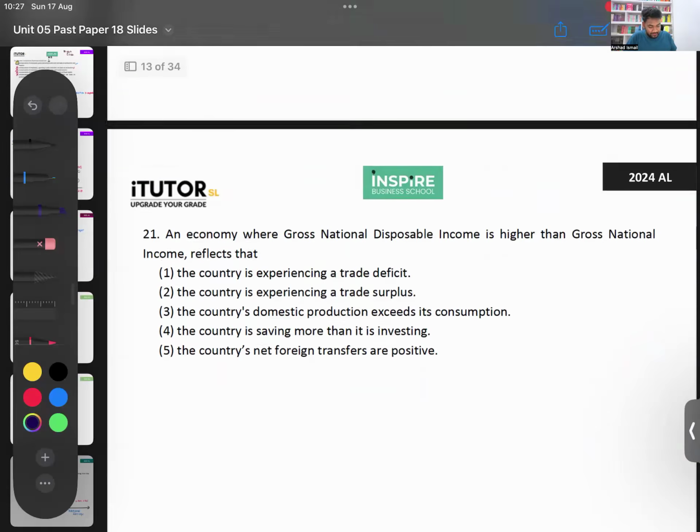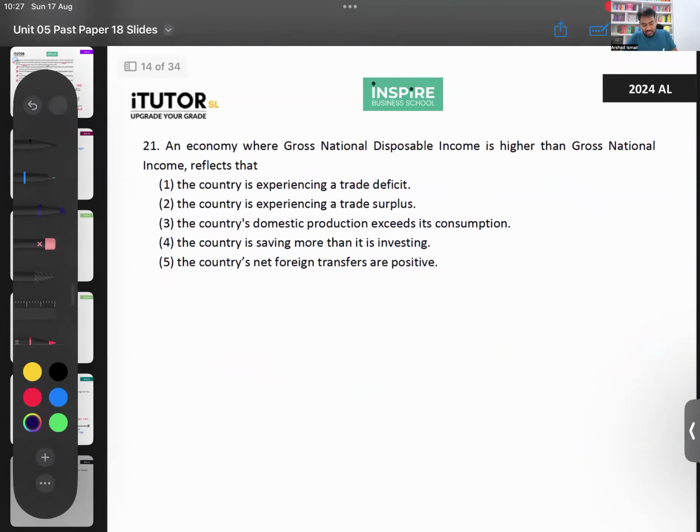Okay. 2024. An economy where gross national disposable income is higher than gross national income reflects that. So from your gross national income, how do you go to gross national disposable income? What do you have to add? Net secondary income, or in other words, net current transfers.